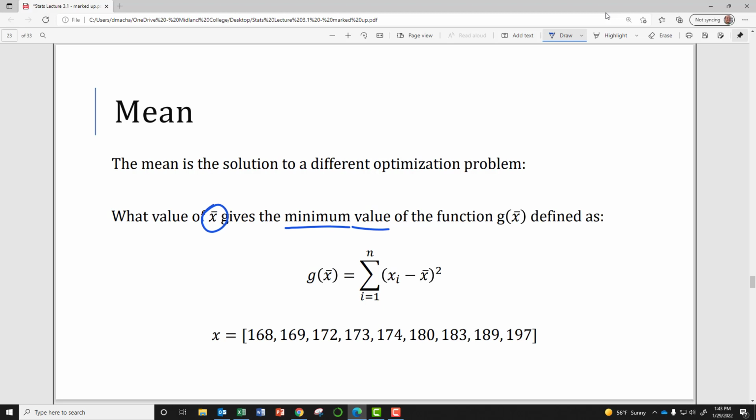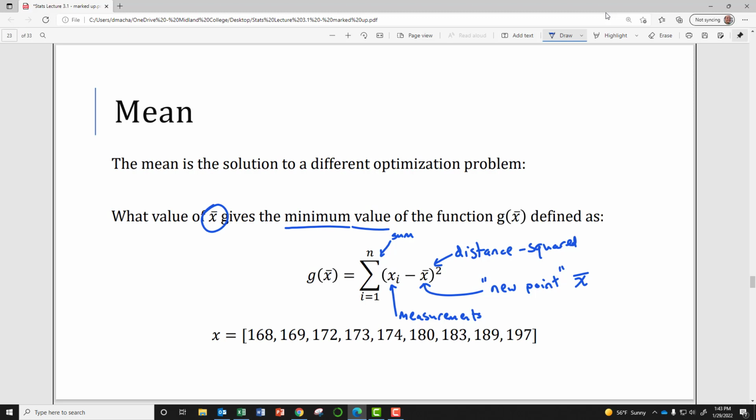We're talking about the sum of all of the distance squared between measurements and this new point. And whenever I select the right new point, the right x bar, that will be our mean.